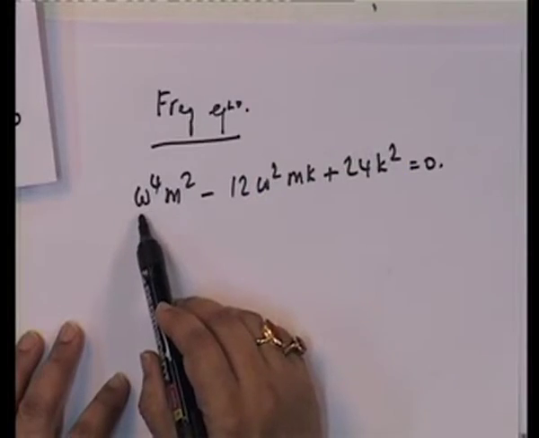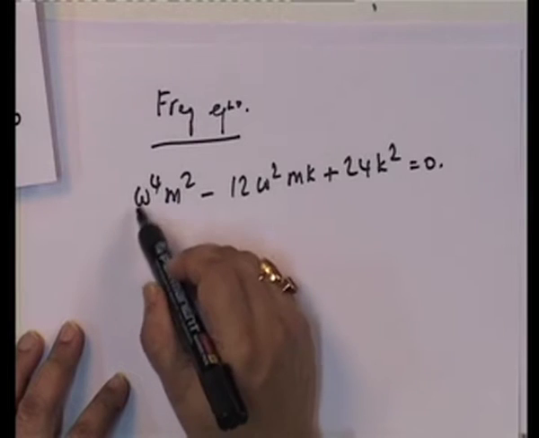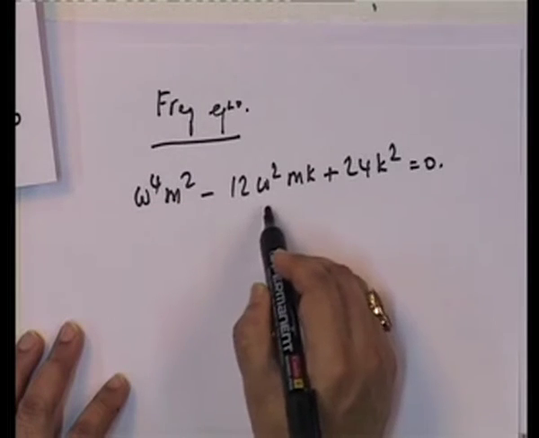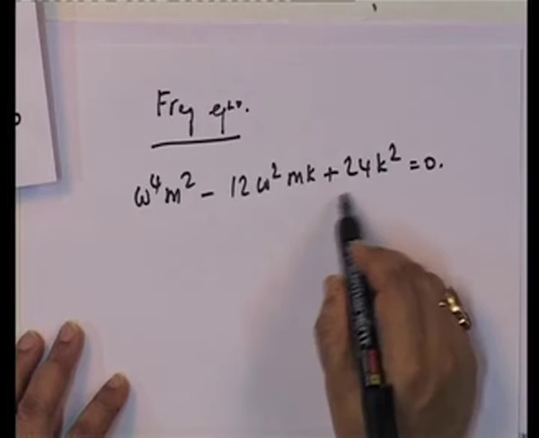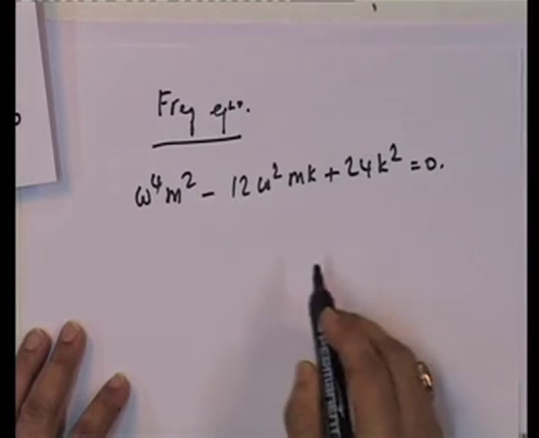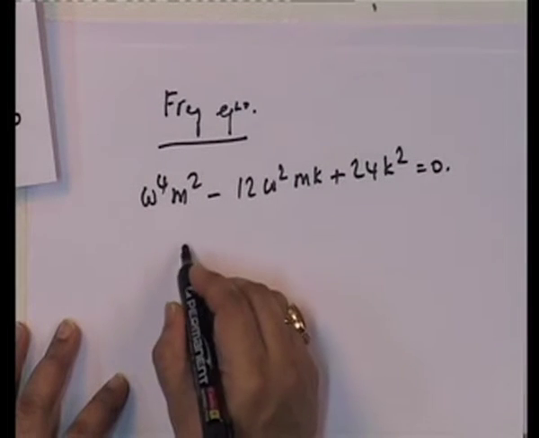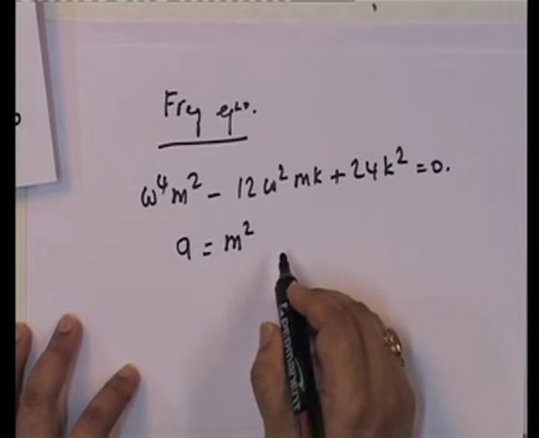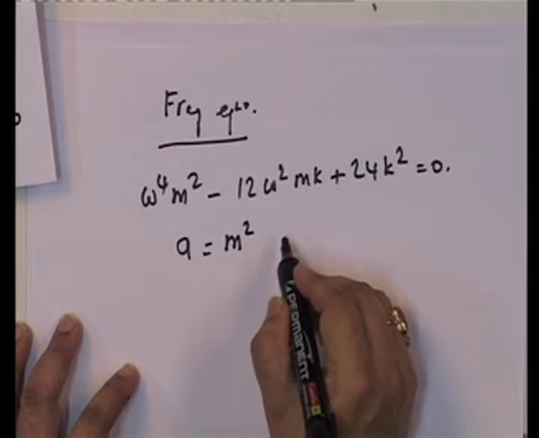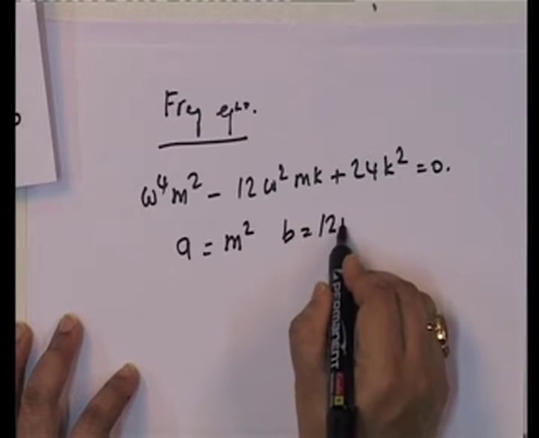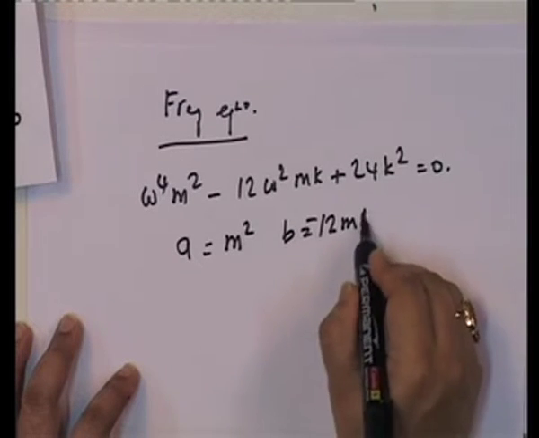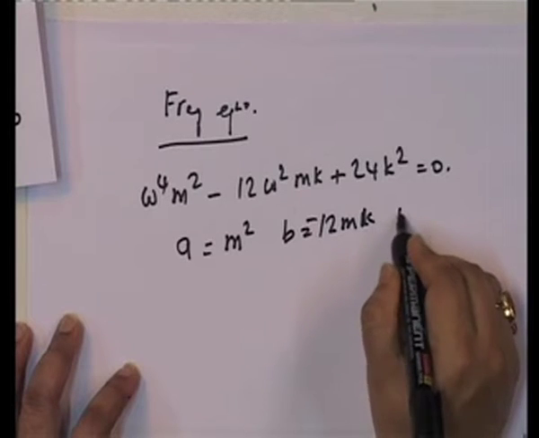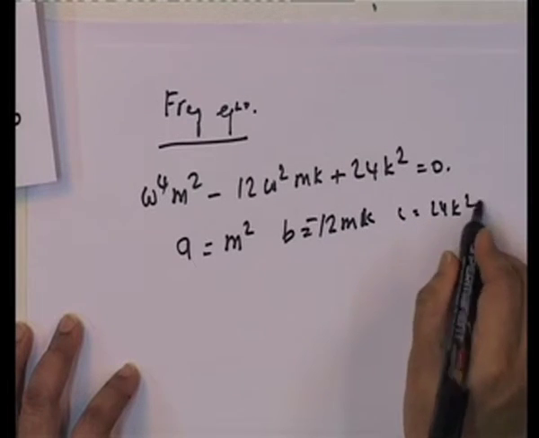This is like a omega to the power of fourth minus b omega squared plus c is equal to 0. So, my a is m squared, my b is minus 12 m k, my c is 24 k squared.